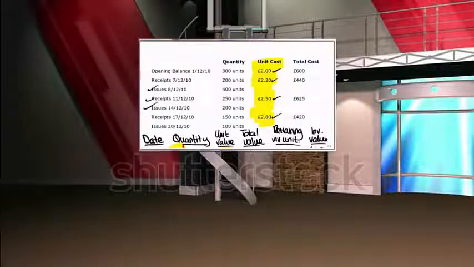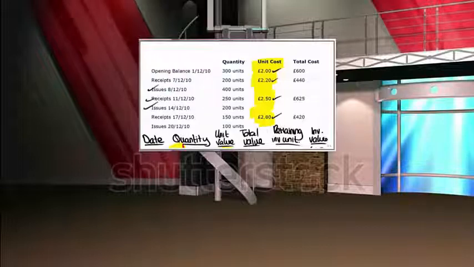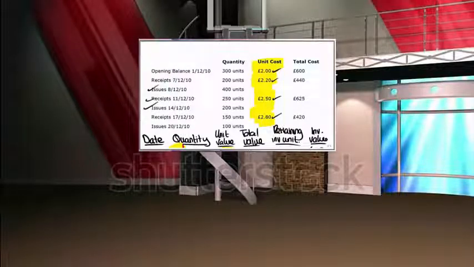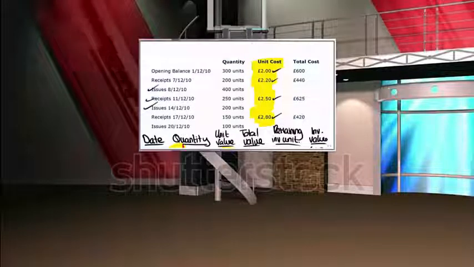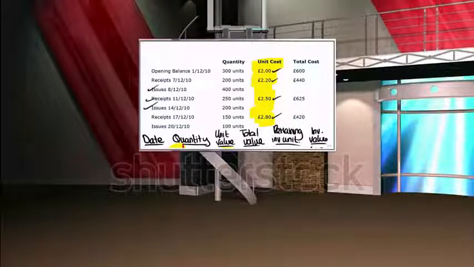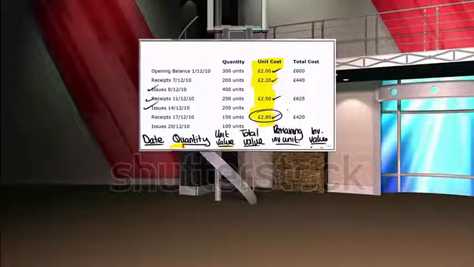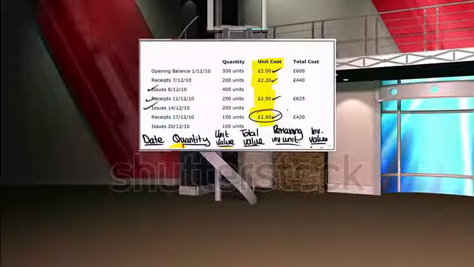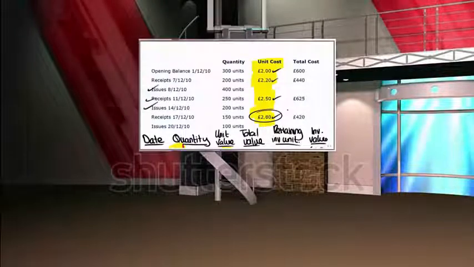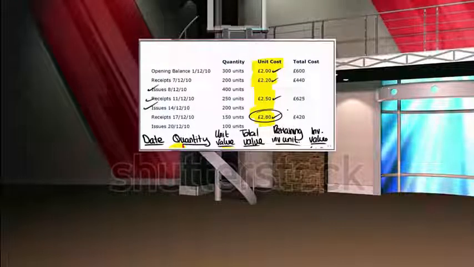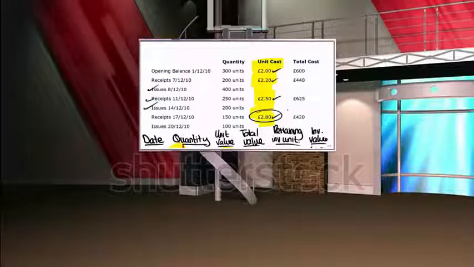Now, under the FIFO method, when we issue materials to production, we issue the oldest available inventory, which means at the end of the period, we have the most recently purchased inventory left in our warehouse. When prices are rising, our closing inventory value is going to be higher under the FIFO method than under the LIFO method.